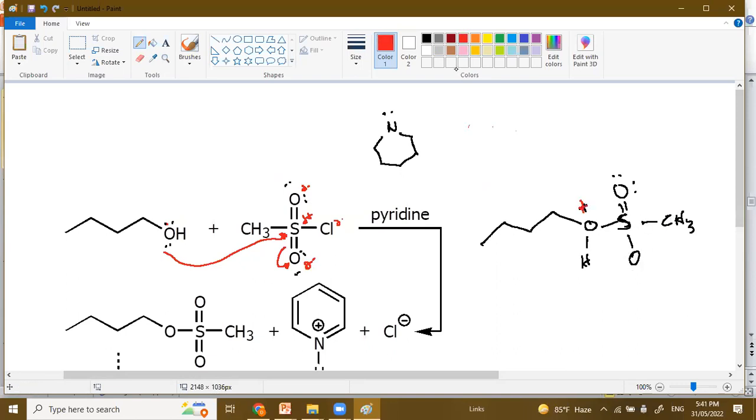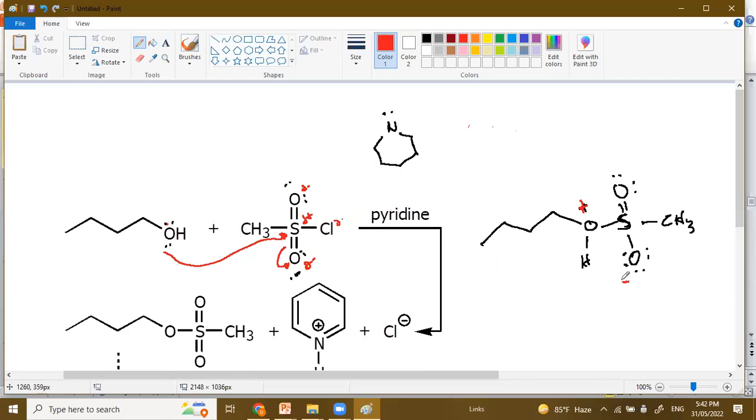And here, there are 2 lone pairs. It can be converted to here. Okay, so you have an oxygen with a negative charge, of course.